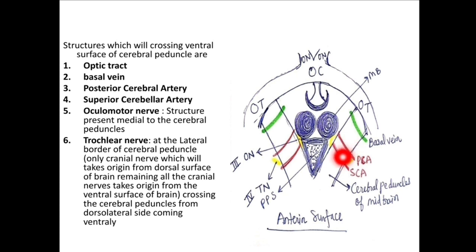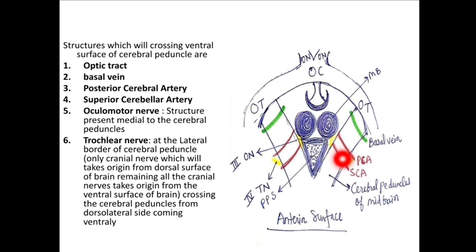Fourth, the superior cerebellar artery. Fifth is the oculomotor nerve. This yellow colored structure is the oculomotor nerve, present medial to the cerebral peduncle. This is the cerebral peduncle, then medial to it is the oculomotor nerve.